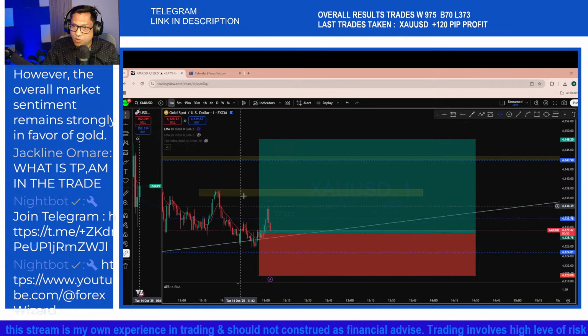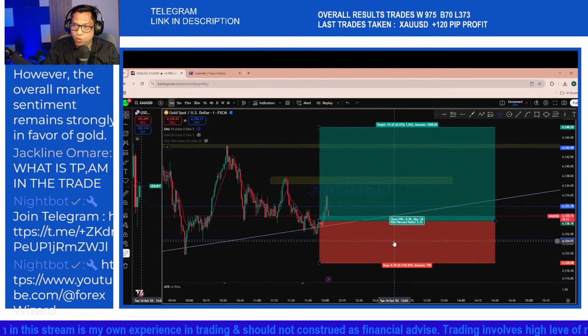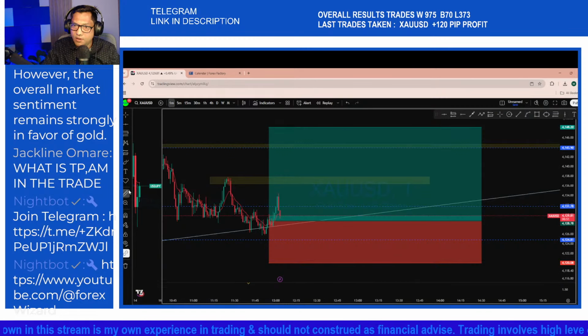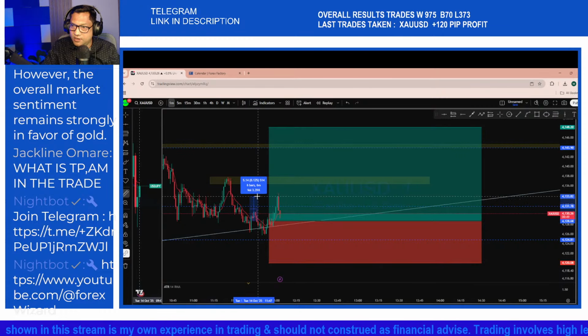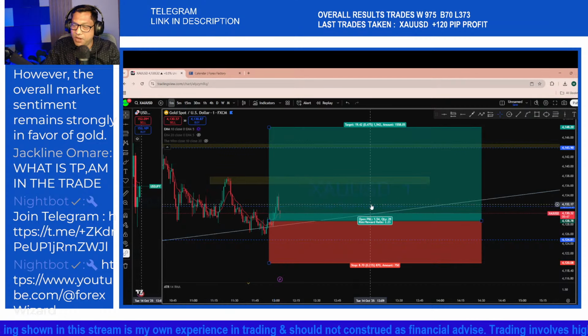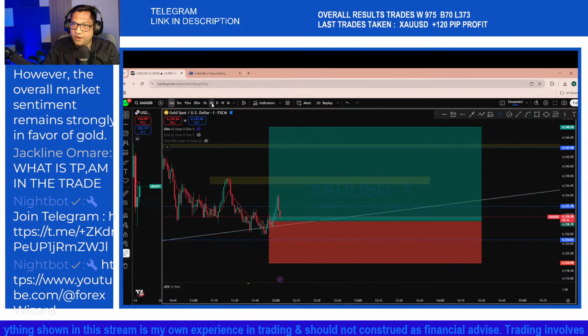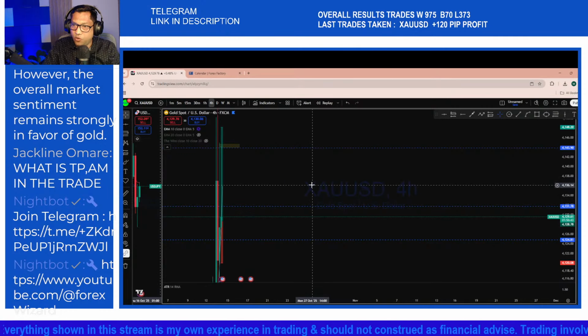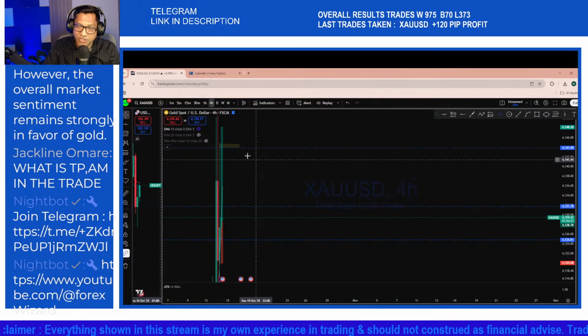Come on, we don't want to catch that move back again. So you see nearly 56 pips. This is the 4-hour time frame, expecting it to reject back again to the major direction of the trend.